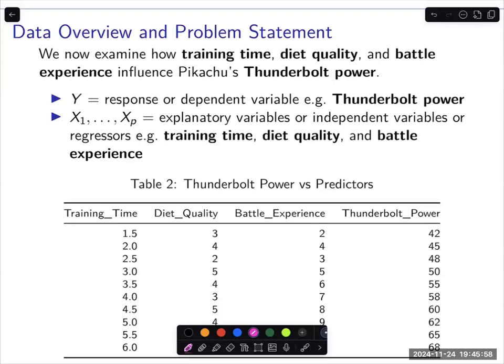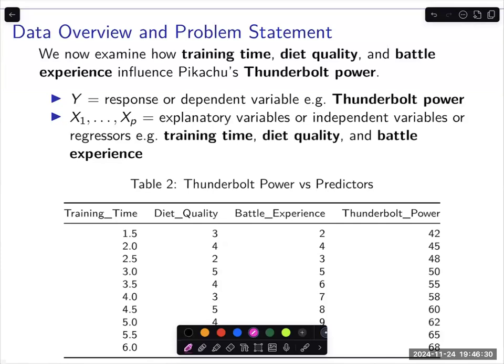For instance, if we want to examine the relationship between Pikachu's Thunderbolt power with respect to training time, diet quality, and battle experience, we can build such a relationship with y representing Thunderbolt power, x1, x2, and x3 representing training time, diet quality, and battle experience correspondingly.